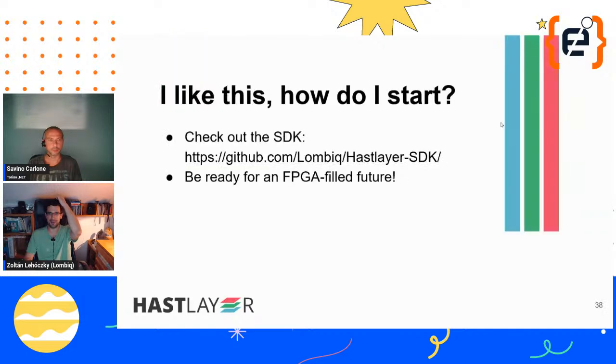So to wrap things up, if you like this, and I really hope you did, then please go on GitHub and check out the SDK. Everything that I've shown you today and everything else that you need to run Hastlayer is up on GitHub. And be ready because I think FPGAs are coming. Just as in the very beginning, GPUs were more like the playground of specialists, this is how FPGAs started too.